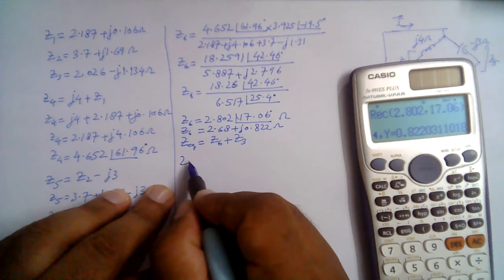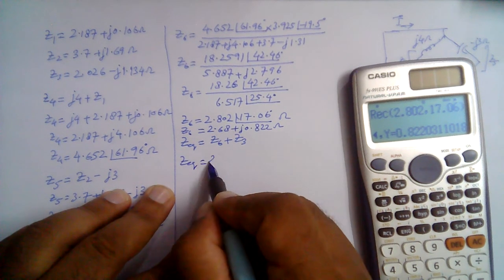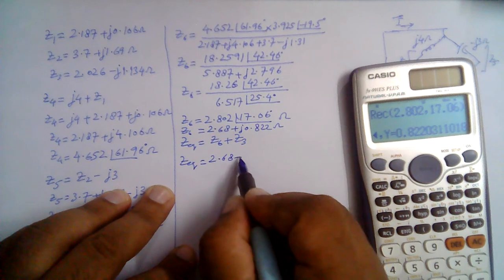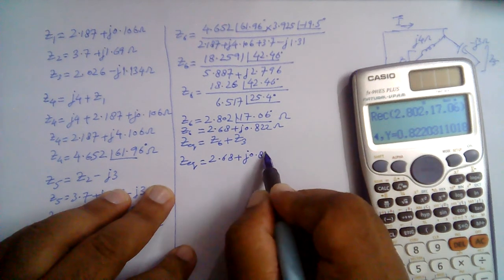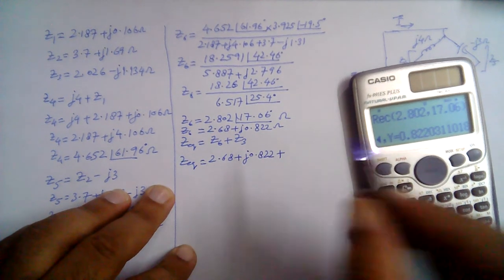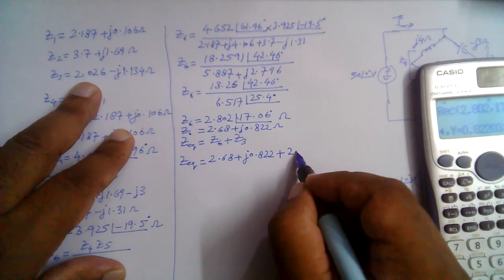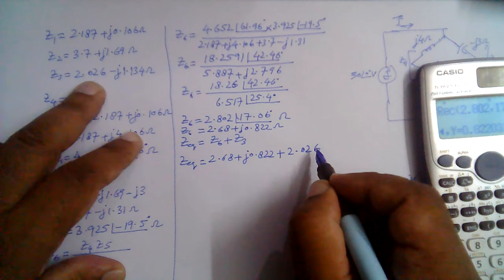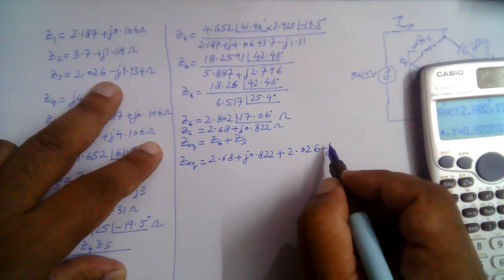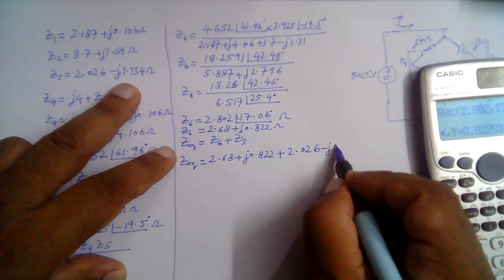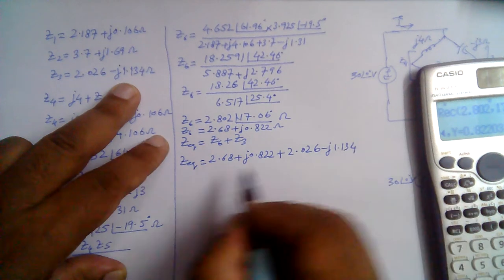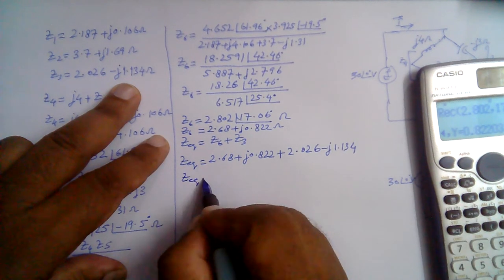So Z equivalent is equal to 2.68 plus j0.822 plus Z3, and Z3 is 2.026 minus j1.134.